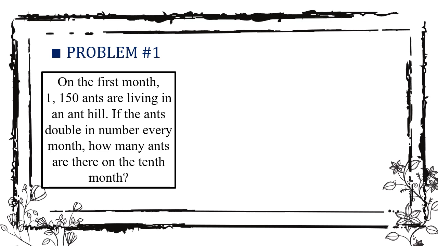How many ants are there on the 10th month? Analyzing this question, that means we are going to solve for the specific value of the 10th term. So that means we are supposed to use the formula of geometric sequence, guys.